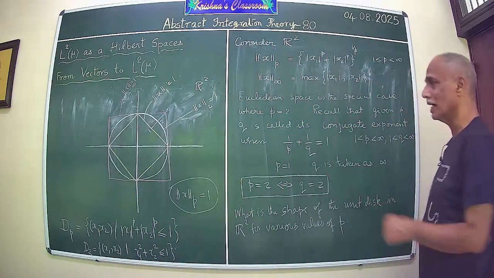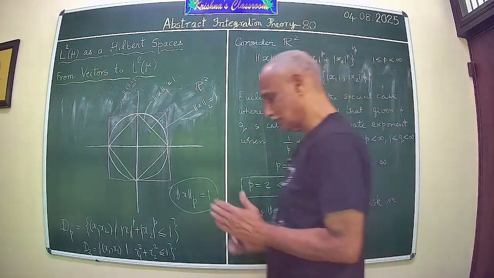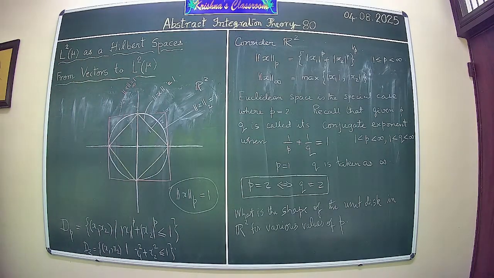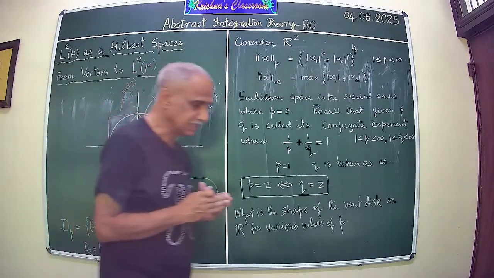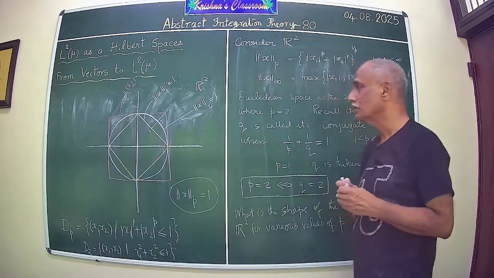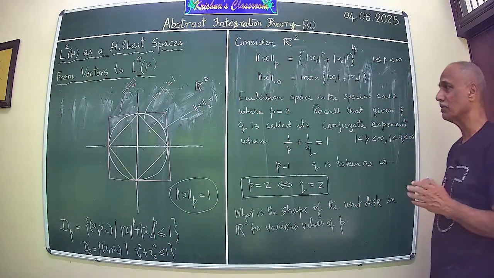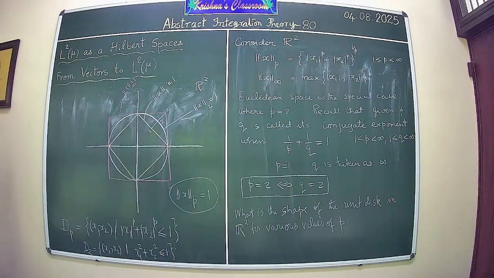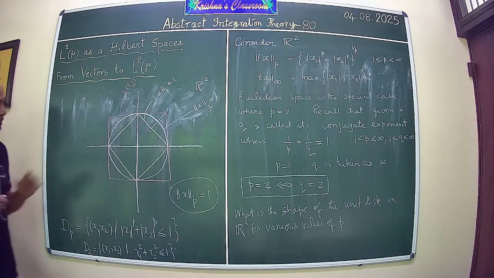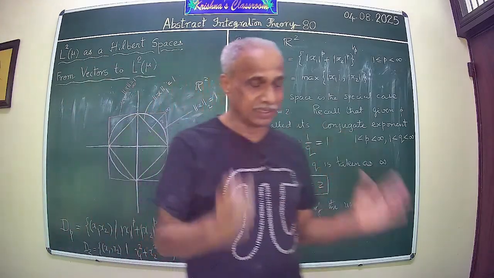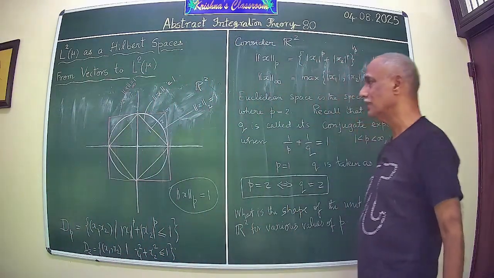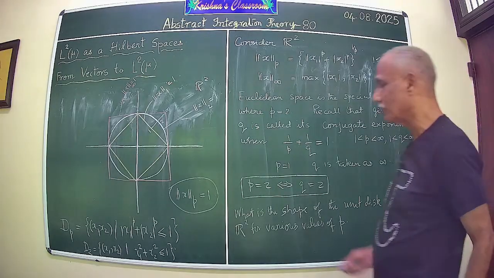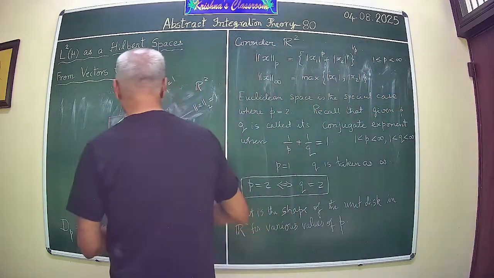Now you observe that it's only in the case p equal to 2 that the disk is the interior of a circle in our conventional sense. In all other cases, the shape of the disk is something different. So you have got various shapes that you can think of.